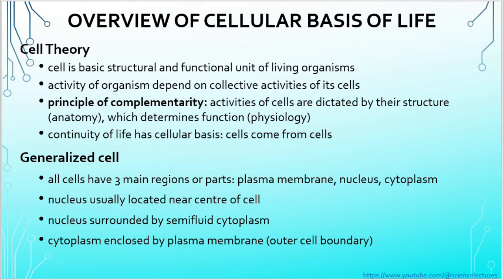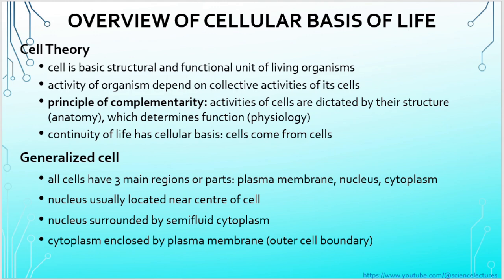Let's begin with the idea that the cell is the smallest living unit. Although no one type of cell is exactly like all others, cells do have some basic parts, and there are certain functions common to all cells. So briefly, we'll talk about the generalized cell, which demonstrates most of these typical features.